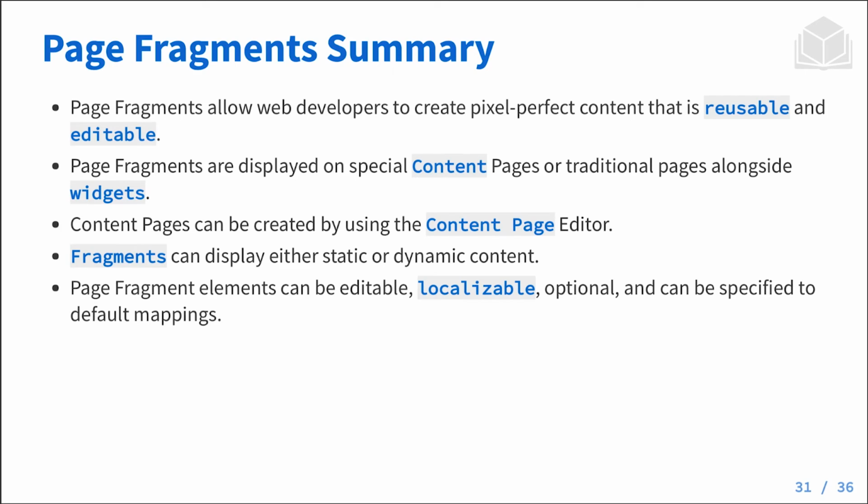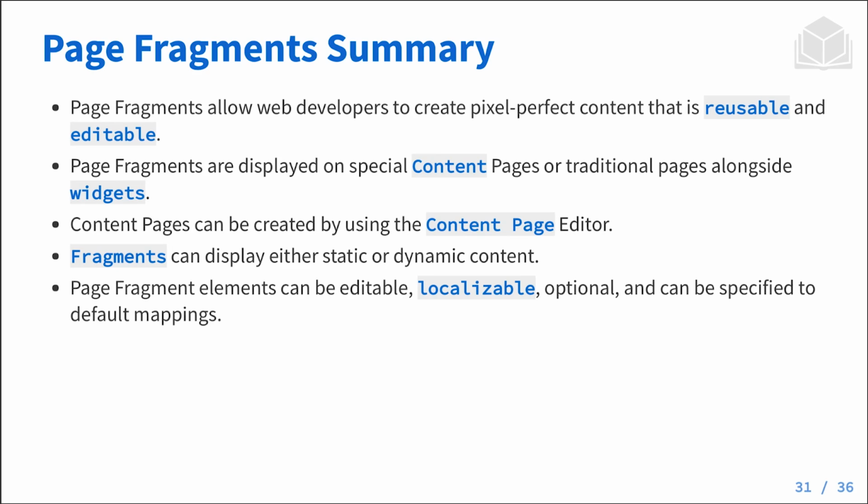So let's go ahead and summarize this so we can dive in and create some fragments together. We know that page fragments are reusable and editable sections of the pages that we can create and provide to our content teams or marketing teams so they can rapidly generate those pages and modify whatever they need to fit whatever business requirements they have for those pages.